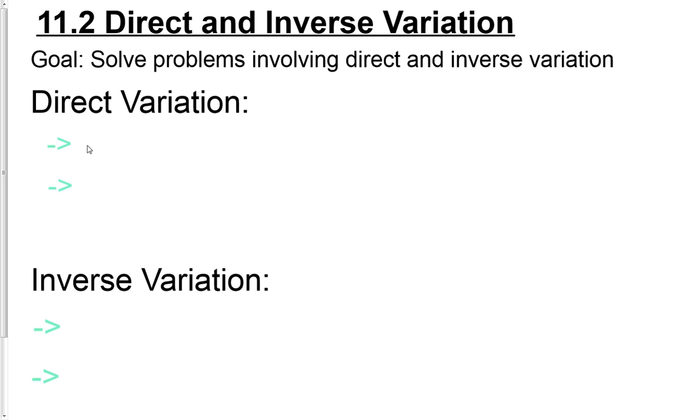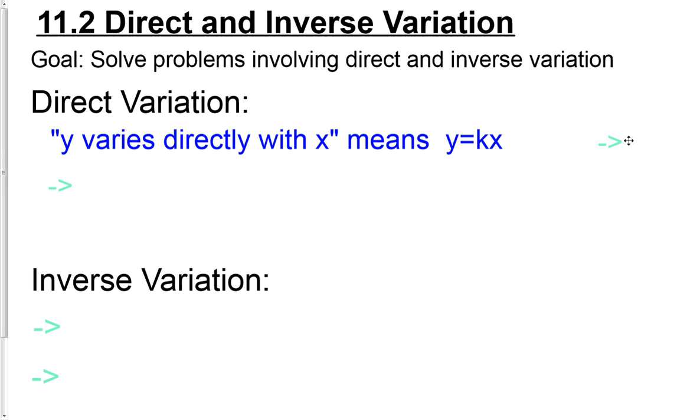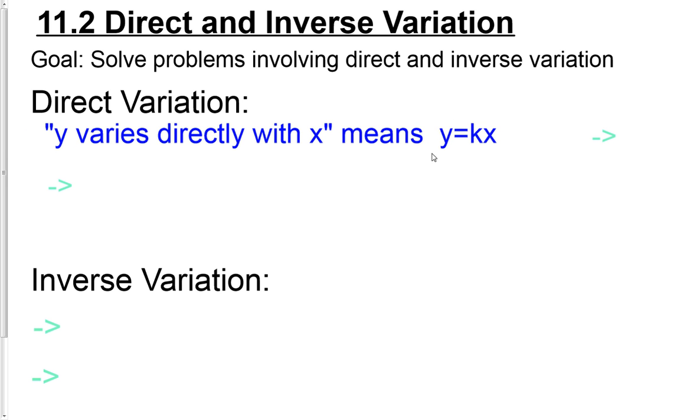Now, in general, variation means, like if we have y varies whatever, usually that means y equals k, and then depending on if it's direct or inverse, it'll tell us where x is. So direct variation, y varies directly with x, means y equals kx.